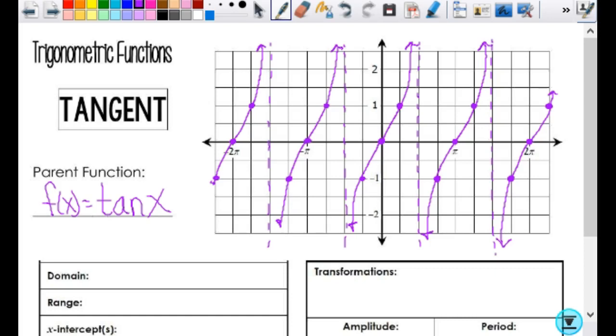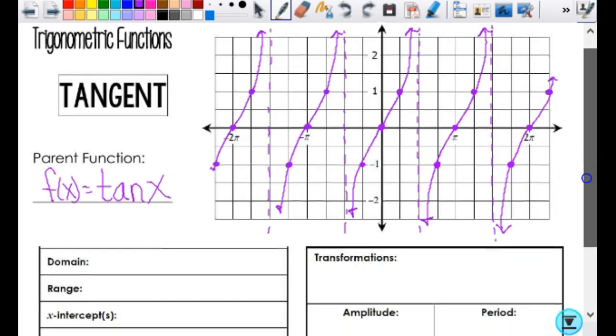All right, so when we go to talk about the domain, there's a whole lot that lives in my domain, there's a whole lot that doesn't, right? But the stuff that doesn't work in the domain, does it happen at regular intervals? Yes, so if I start at 0, the first x that will not live in my domain is what? Pi halves, right? And then in another pi, it's 3 pi halves. And then another pi, and another pi, and another pi. So my domain, we're going to have to write this in set notation.